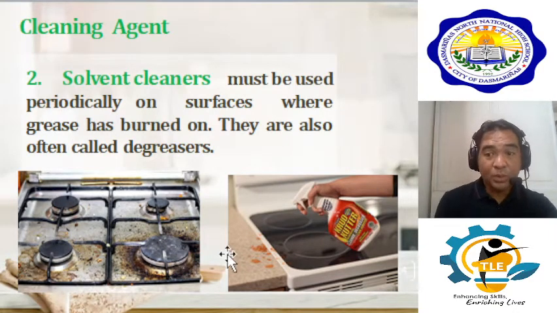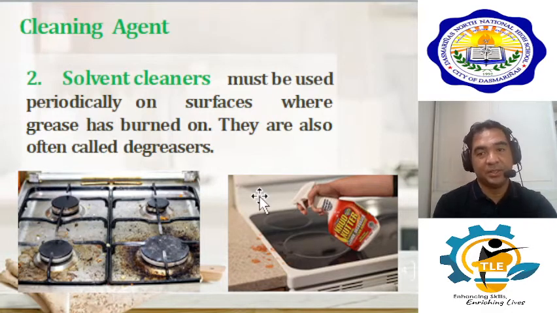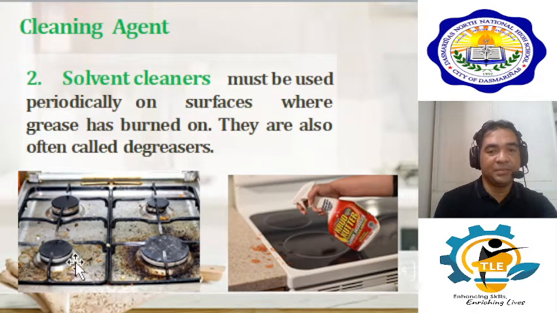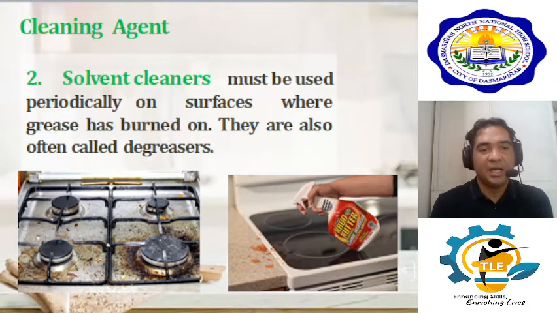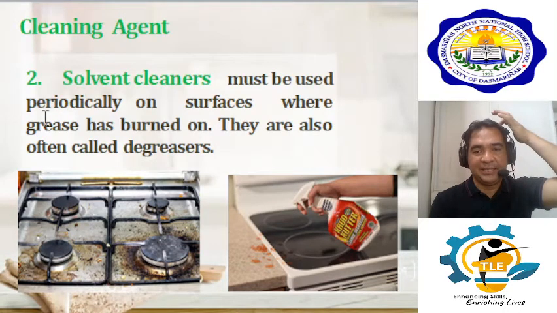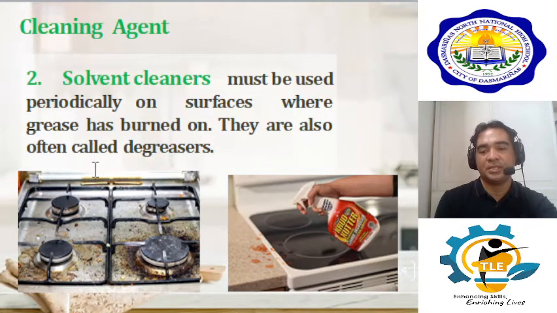So what you need to do here is to use a solvent cleaner or degreaser so that you can soften it and then, after quite a while, you can remove it easily. So this is one use of solvent cleaners.